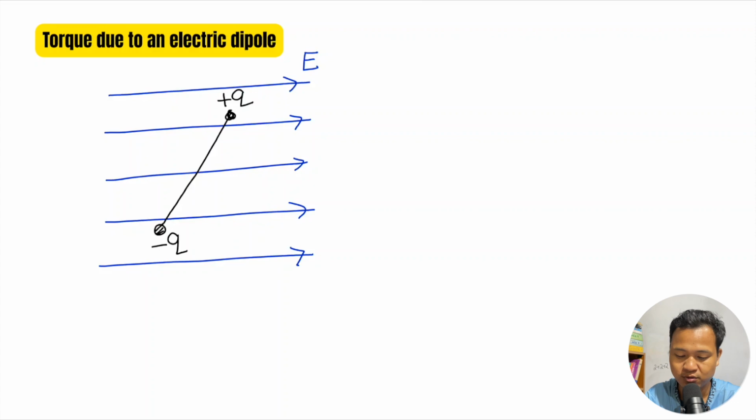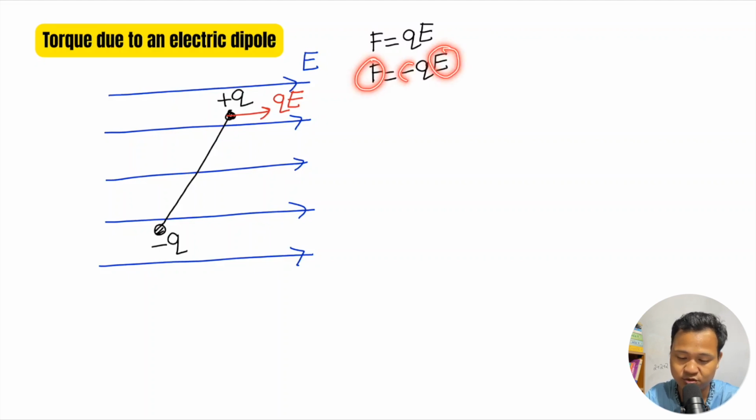Consider the motion of charge inside an electric field. The force experienced by a charge in a uniform electric field is given by Q into E. So on the plus Q, along this side you'll have a force of Q into E. The force on the negative charge is F equals minus Q into E. In the second case the force is opposite to the electric field, hence the minus. In the first case the force is in the same direction as the electric field.